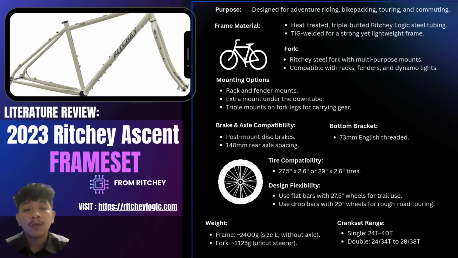Okay, for the 2023 Ritchey Ascent frame set, the purpose of this frame is designed for adventure riding, bikepacking, touring, and commuting. The frame material is heat-treated triple butted logic steel tubing, TIG welded for a strong yet lightweight frame. For the fork, it uses a Ritchey steel fork with multi-purpose mounts, compatible with racks, fenders, and dynamo lights.